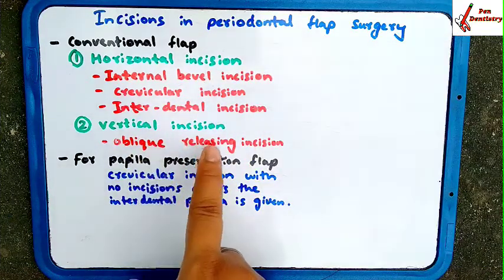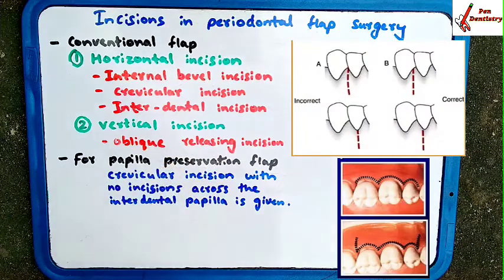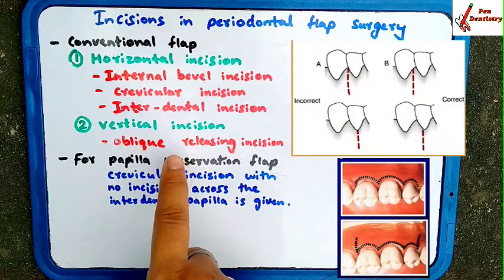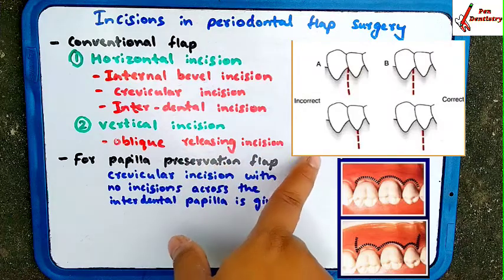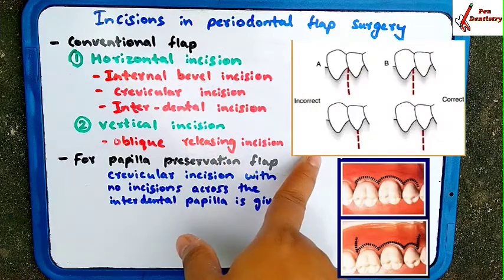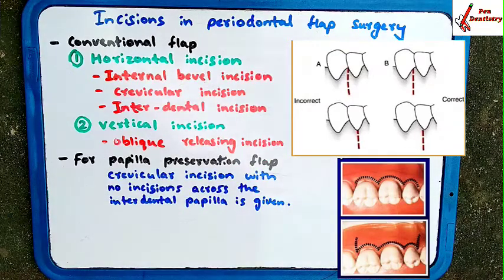Now the vertical incision. What is the vertical incision? This is the oblique releasing incision. It is done on one or both ends of the horizontal incision.